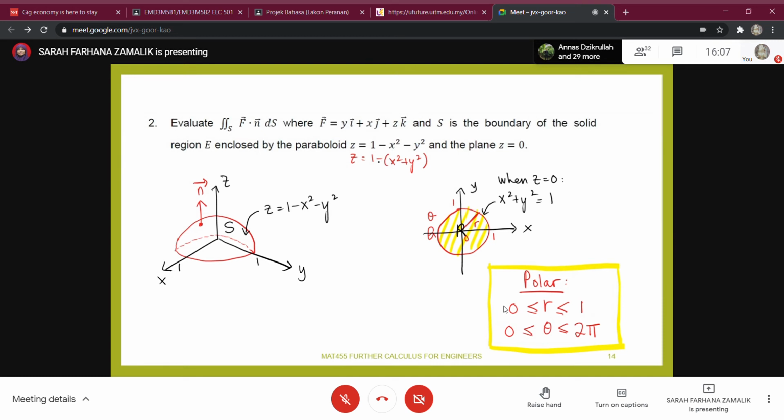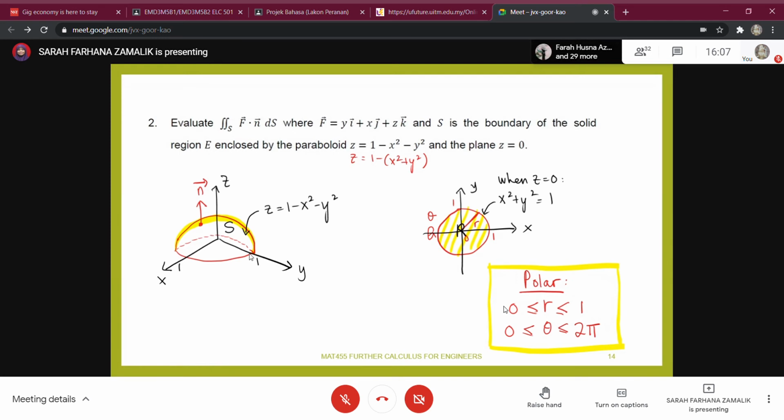Because we have minus here, so that's why paraboloid kita bentuk macam ni. Paraboloid ni datang dari parabola kan. So that's why sebab ada negatif kat sini, so sebab tu kita punya surface of paraboloid macam ni. Okay, sebab dia negative.